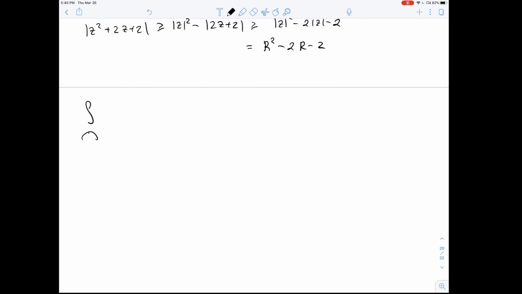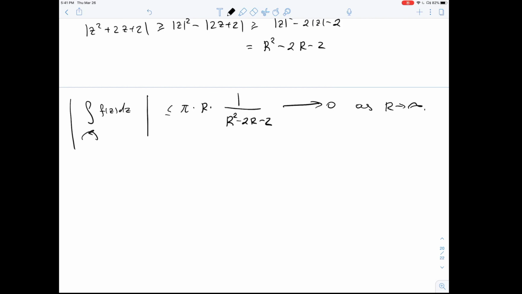And that's all I need, because now I'll write length first, so I know that the length is pi r times the biggest value of f. And, well, r squared wins.